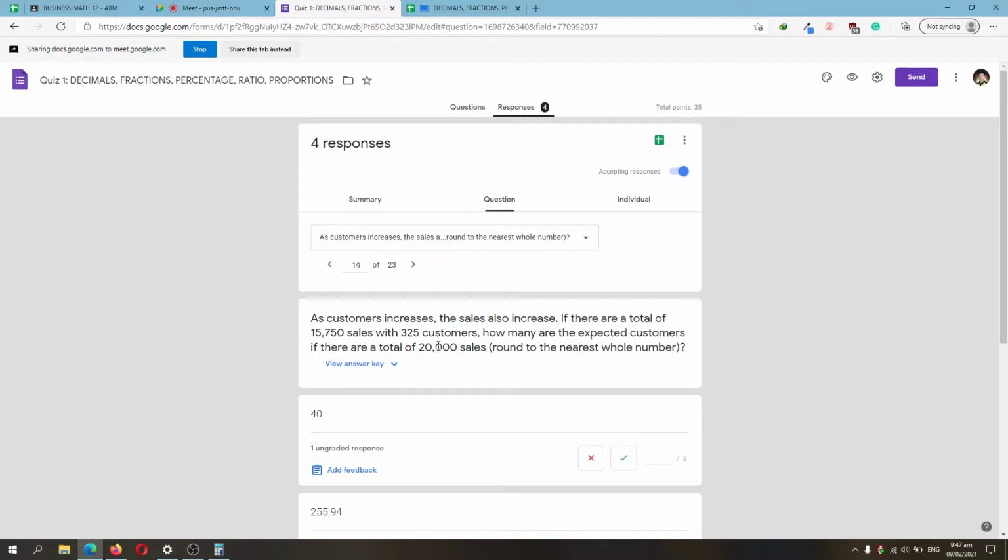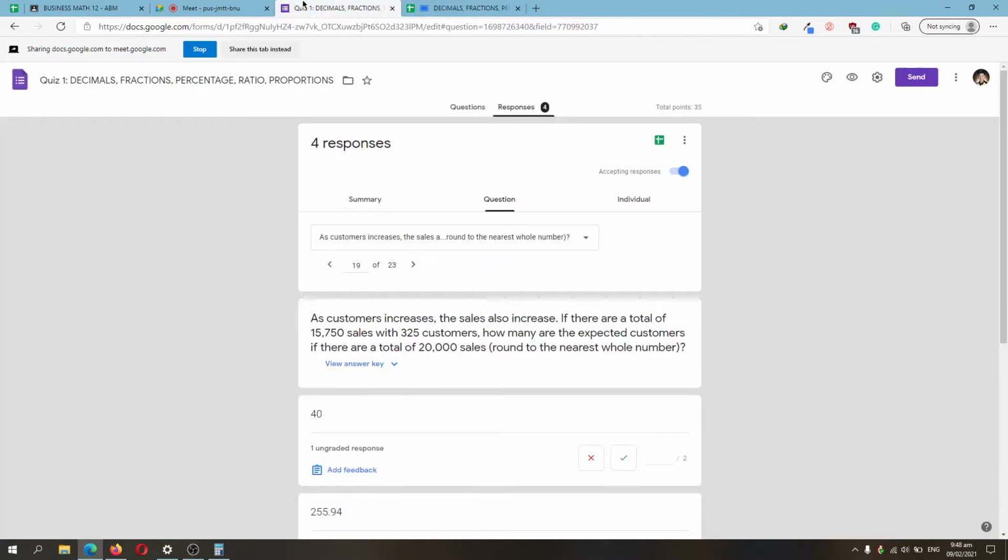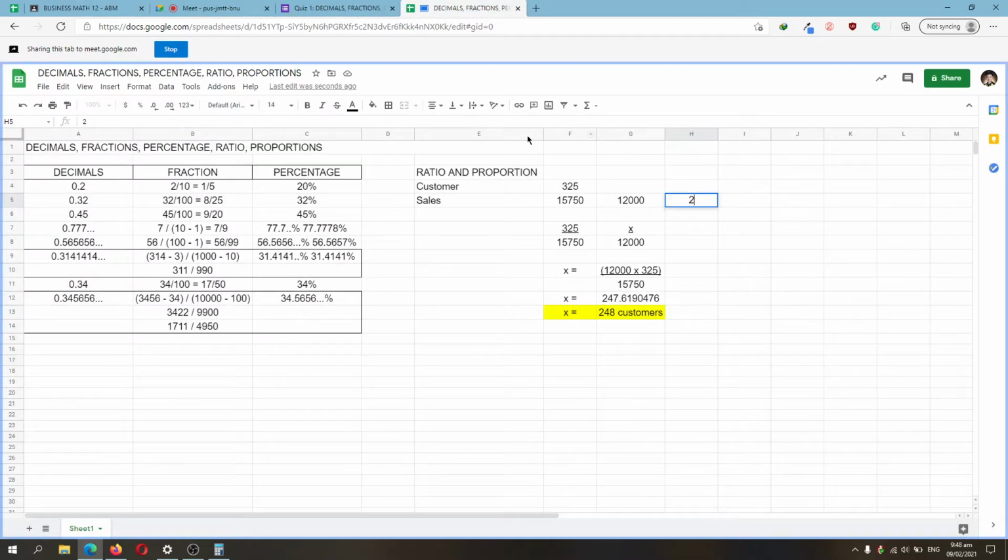Pero sabi niya, if there are total of 20,000 sales, ilan daw yung expected customers natin? So, instead of 12,000, meron tayong 20,000 na sales. So, kung 20,000 yung sales natin, palitan lang natin na X.